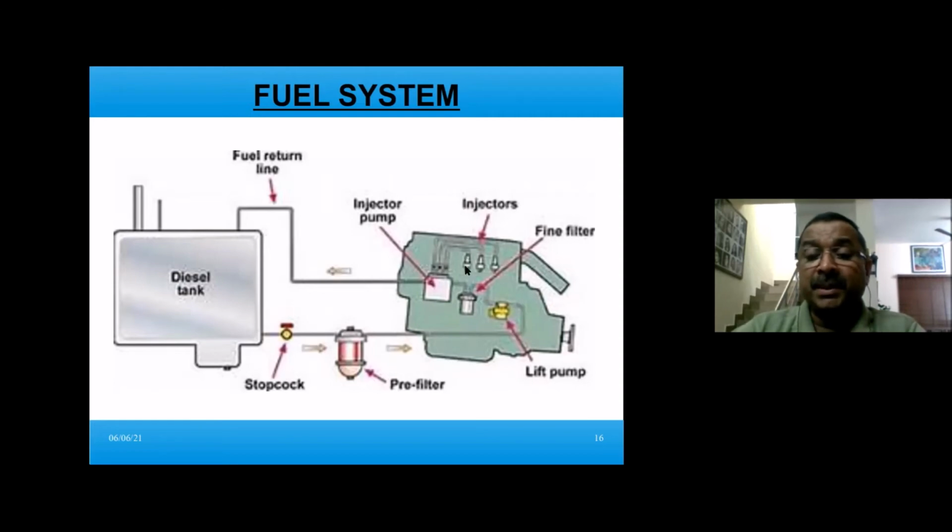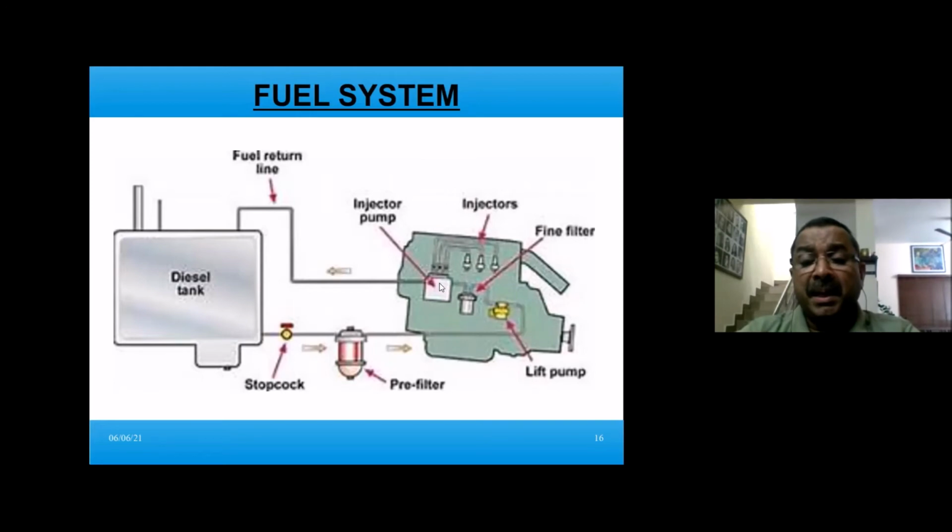The fuel injector here has very fine pores at its tip, so the diesel has to be pumped through these very fine pores to the cylinder.